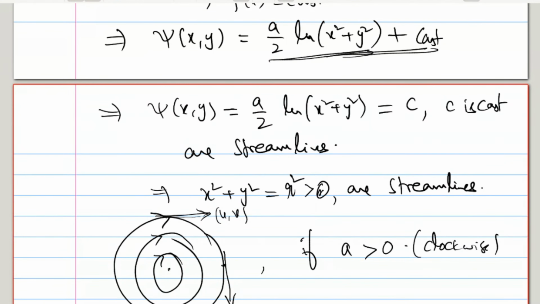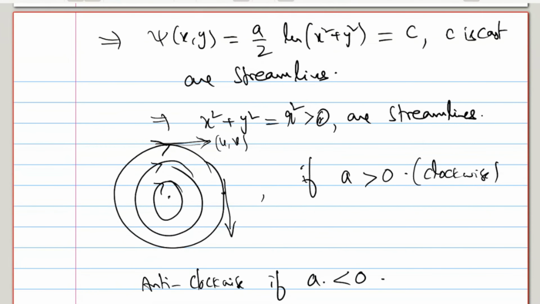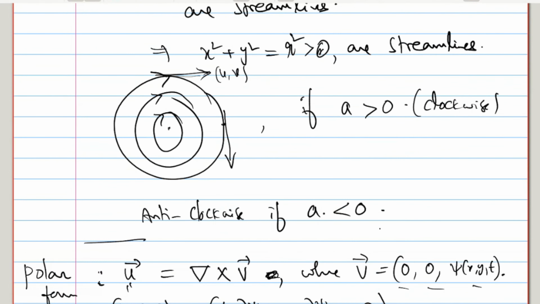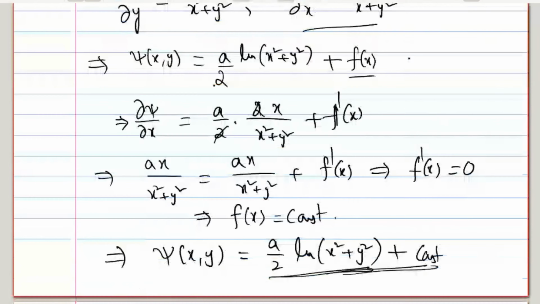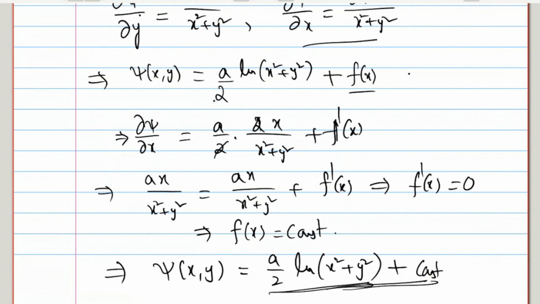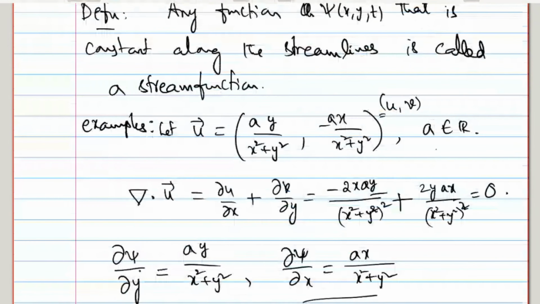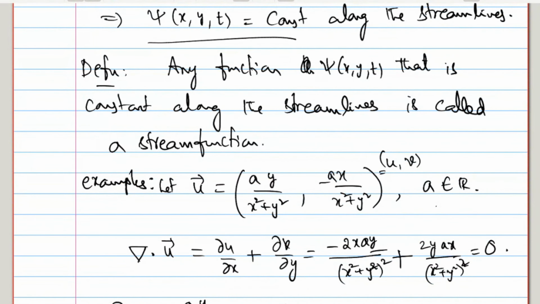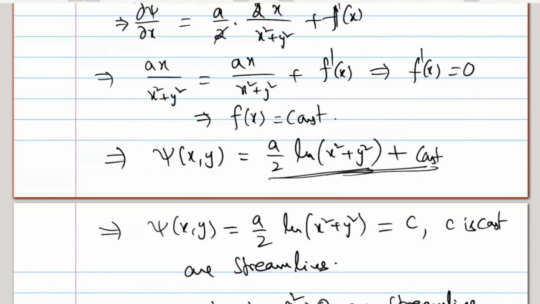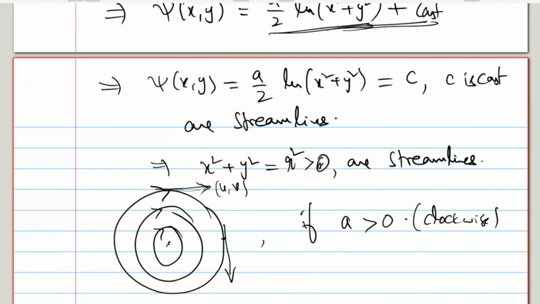If you write psi in polar form for this example, it is equivalent. So this is what is called a vortex, a vortex flow. Whatever example you were given is called a vortex. The streamlines are around the point 0, 0. So this is basically vortex flow.